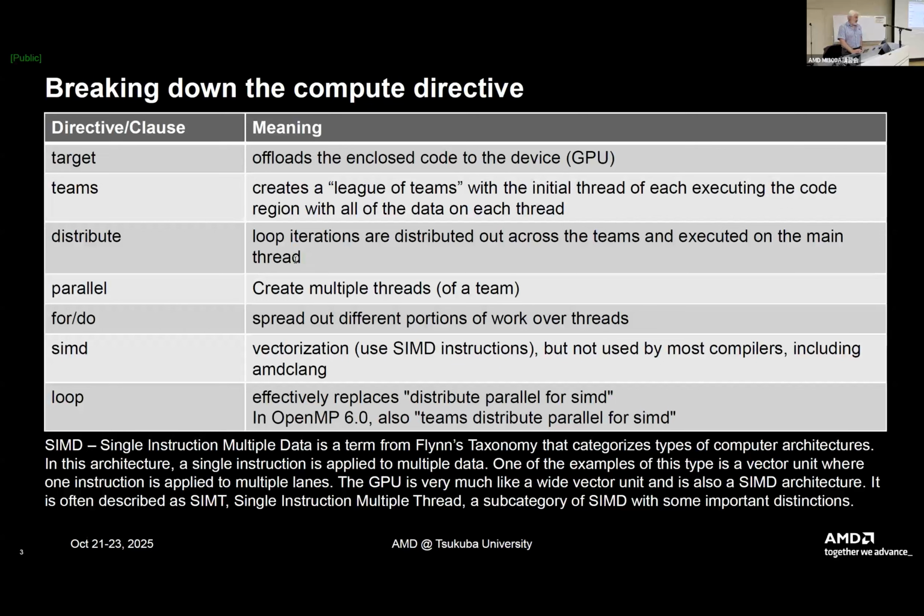So it's like if I do one, I want to do another one of these clauses. And then SIMD, we said, doesn't really do anything with this compiler. So loop will replace all of those in OpenMP 6.0.